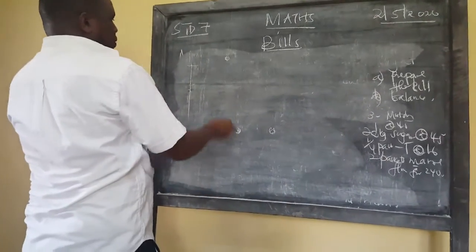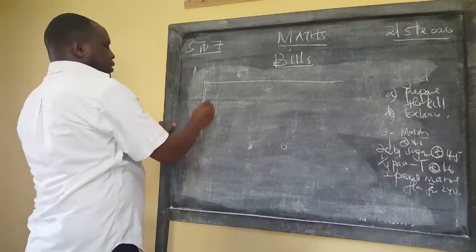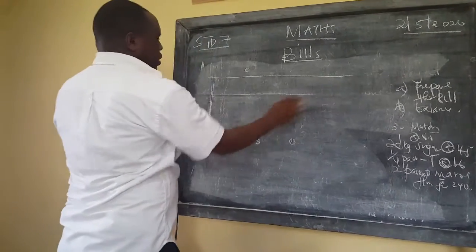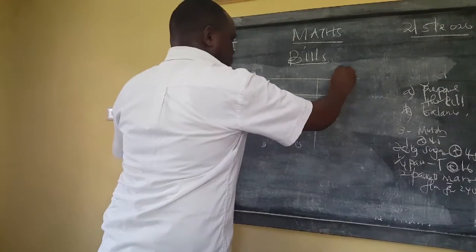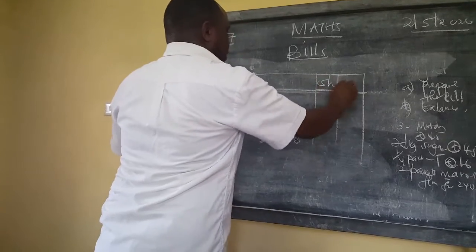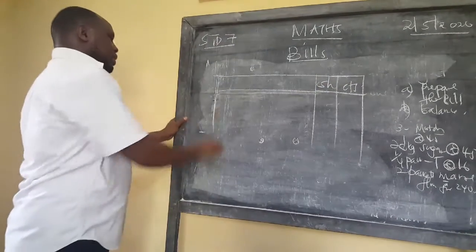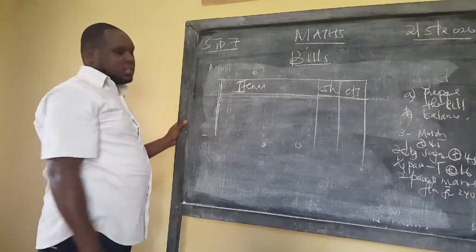So you need 4 columns like that. You can have these 2, shillings and cents. Here, instead of writing particulars, you can just cite items.